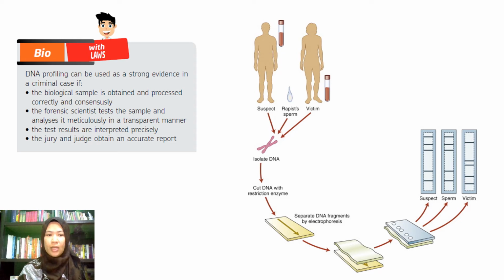Okay, so the test results are interpreted precisely and the jury and the judge will obtain an accurate report. Okay, example given here, the recipe sperm, case rogol di sini, boleh dapat semen daripada tempat kejadian. So, kalau ada suspek, kita boleh extract DNA daripada suspek dan check dengan semen yang diperoleh daripada tempat kejadian.